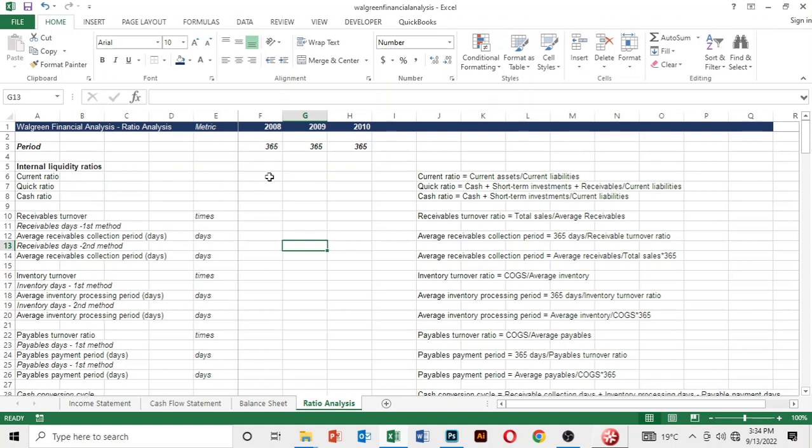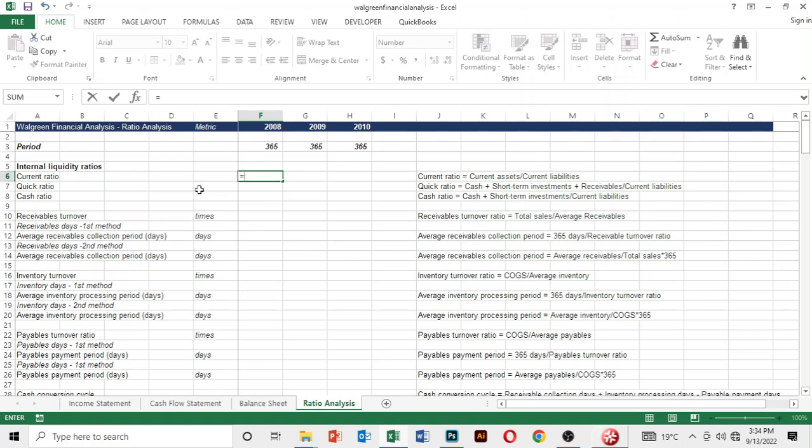So let's compute that ratio. We will be computing for 3 years, from 2008 to 2010. In some cases it is recommended that you compute for a period of 5 years, so that you can see the trend.